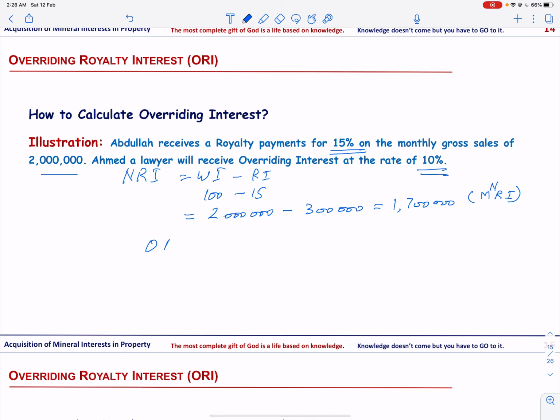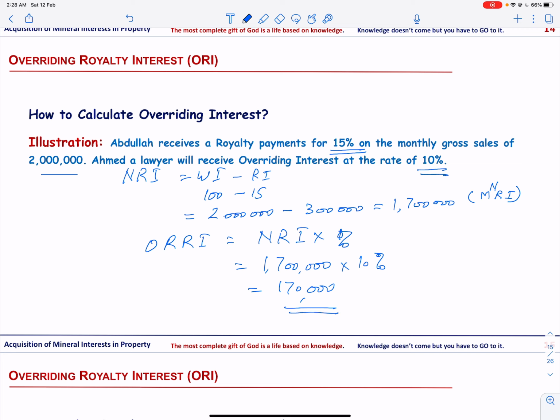So, overriding royalty interest is equal to net revenue interest multiplied by the percentage, and that is 1,700,000 times 10%. So, this is equal to 170,000. So, the overriding royalty interest is 170,000.